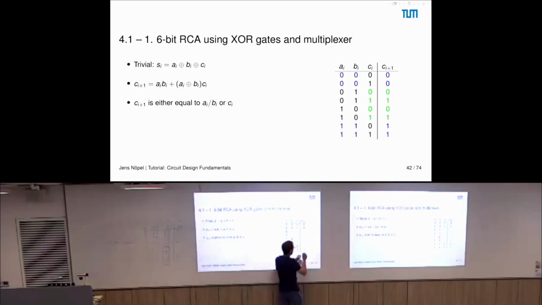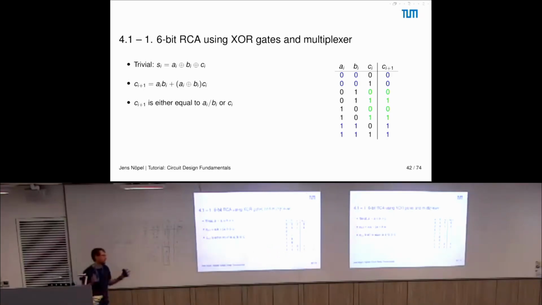So now that's kind of nice, right? Because now I have something I can use to select between the green and the blue output. So now I can select either C1 if A XOR B is 1, or I use AI as the output if A XOR B is 0.